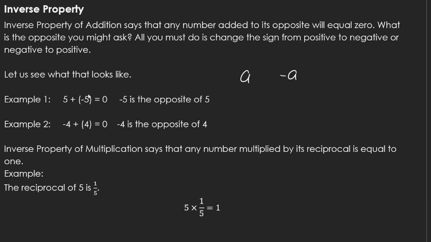This is for addition. For multiplication, it's going to be the reciprocal. The reciprocal is that number raised to negative 1, and this is just 1 over a. So the multiplicative inverse of a number is 1 over that number. We have here 5. The multiplicative inverse is 1 over 5, and that gives us the identity 1.